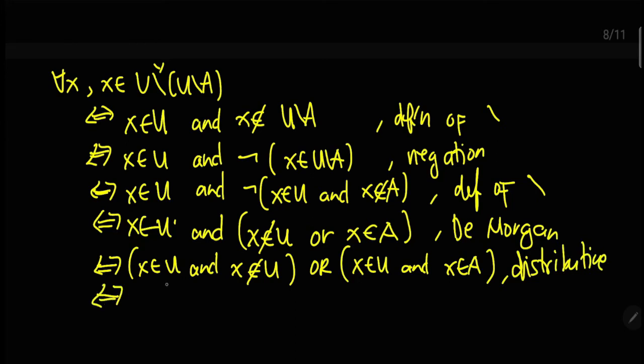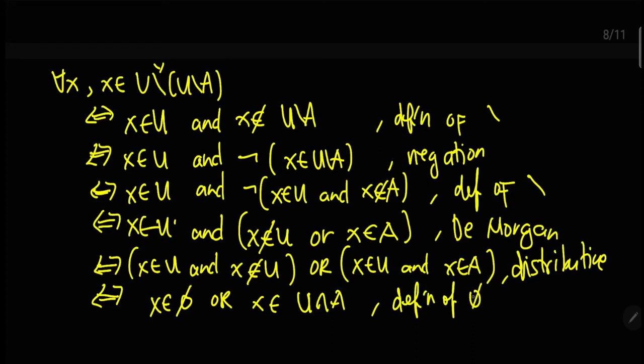Now, as a statement, the first compound statement means that X is in the empty set, or the second statement means X is in U intersection A. The first one is the definition of the empty set, and the second one is the definition of intersection.